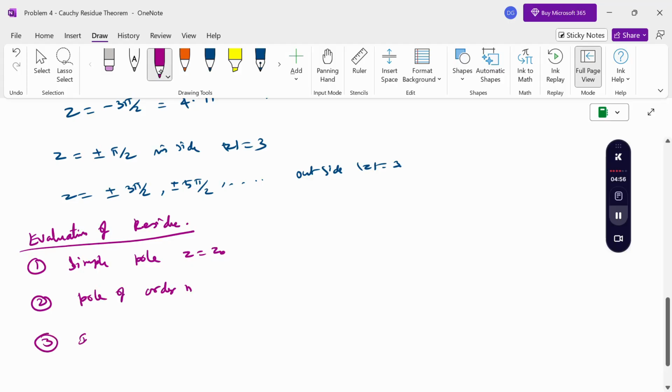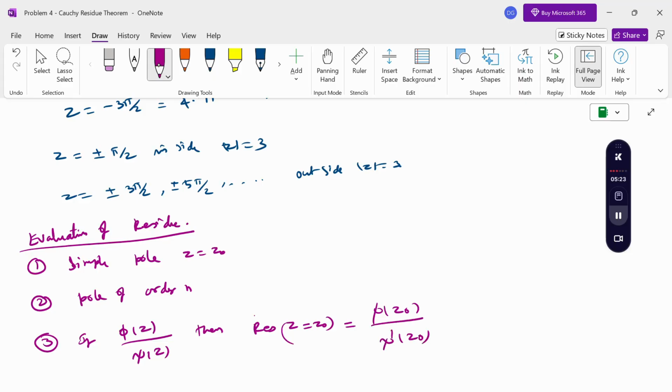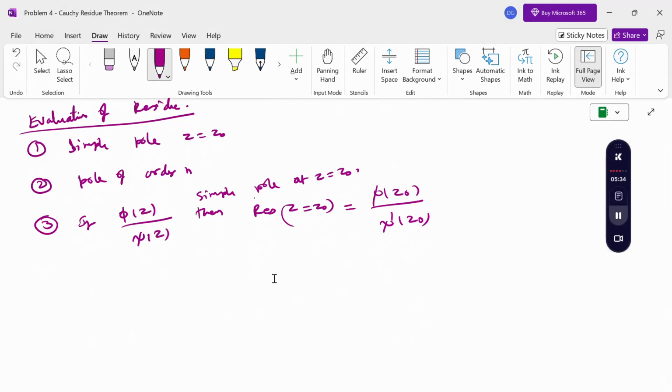And the third formula: if f of Z is phi of Z by psi of Z, then the residue at Z equal to Z naught is phi of Z naught by psi dash of Z naught. This is also for a simple pole at the point Z naught. So now I am going to apply this third formula.